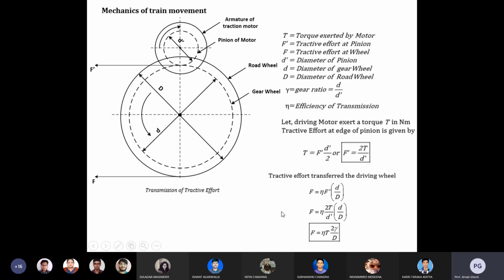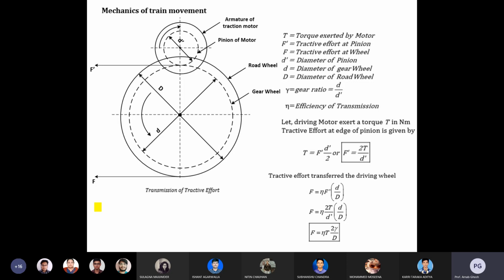So we are discussing tractive effort, and why it is important. When we are solving numerical problems, there are different patterns of numerical problems in traction.